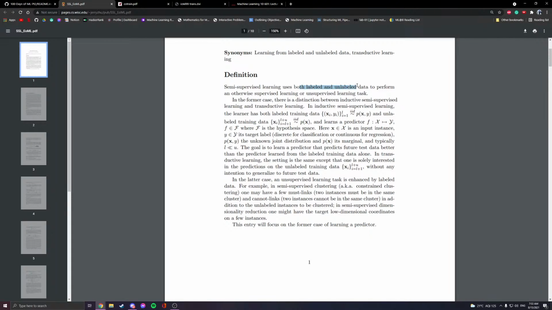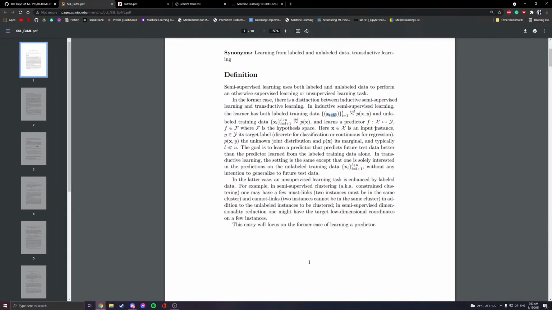Uses both labeled and unlabeled data to perform supervised learning or unsupervised learning tasks. But there is some sort of distinction between inductive SSL and transductive learning. Inductive, the learner has both labeled and unlabeled training data.